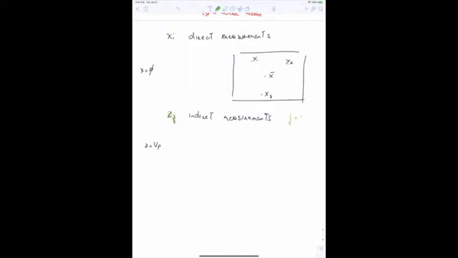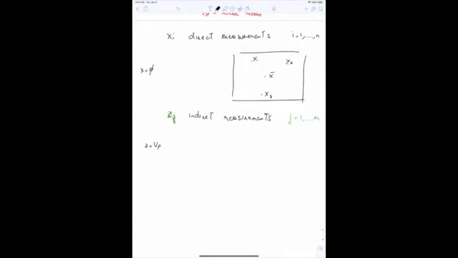So here you can have as many as you want. And generally, the direct measurements are actually limited in number. So typically we have more indirect measurements than direct measurements.